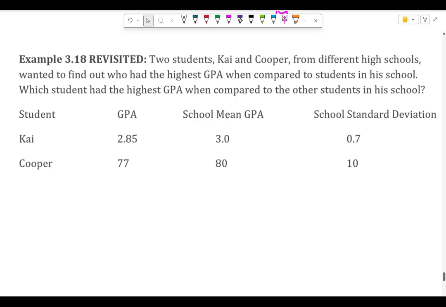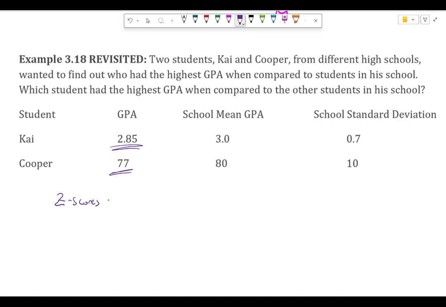So, example 3.18. We should have just seen the video on these two students, Kai and Cooper, who are trying to compare their performance to the rest of the class. We know that Kai and Cooper both scored below the mean. We want to now figure out what their z-scores are.